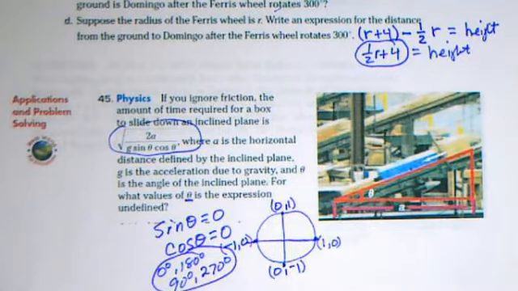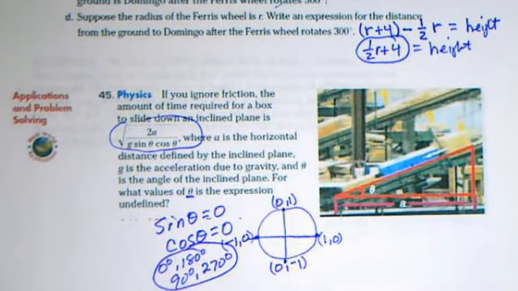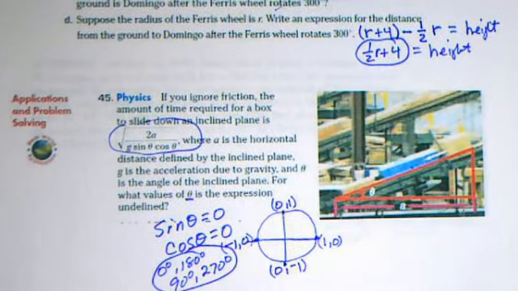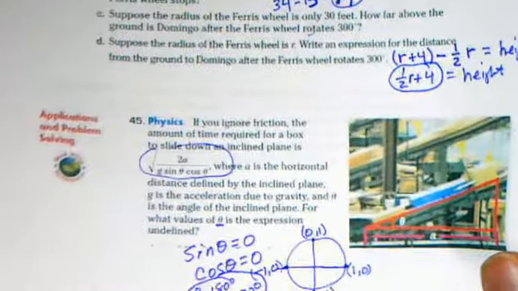So those are the angles where theta would give us a 0 in the denominator of that fraction inside the radical and would cause this to be undefined. Let's look at one on the other side now.